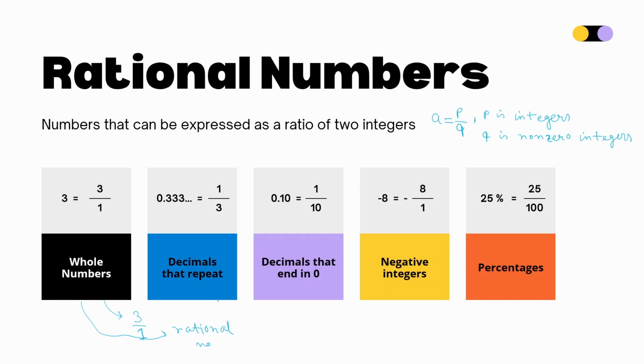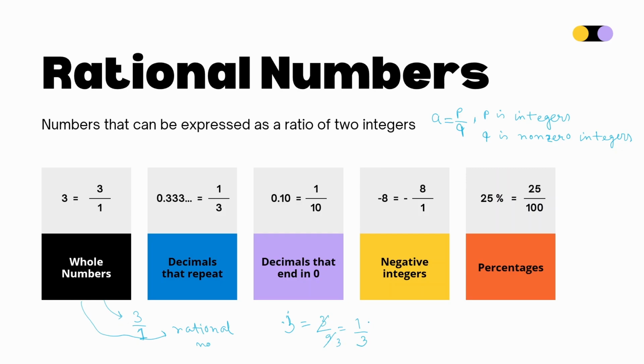Also, 0.333 is a decimal that repeats itself. It can be expressed as 3 by 9, which is 1 by 3.